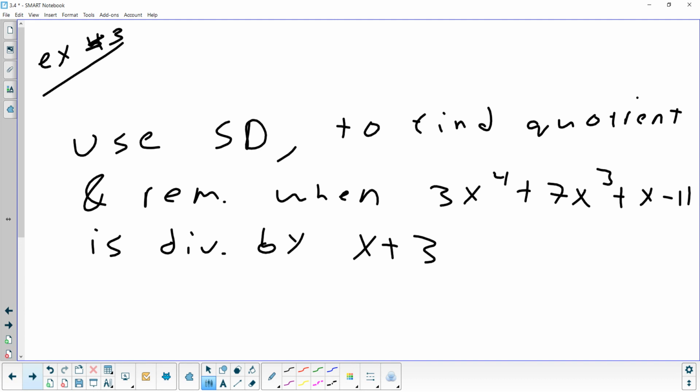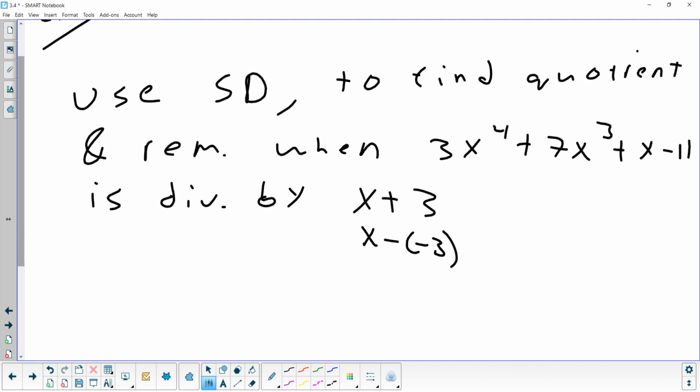It's supposed to be x minus a number. So can we fix x plus 3 so it's x minus a number? Sarah? Is it x minus negative 3? Yeah. X minus negative 3. Now we can do our synthetic division.